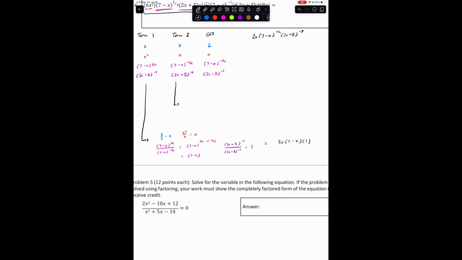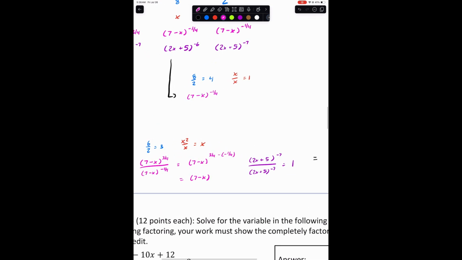same process. 8 divided by 2 equals 4. X divided by x gives me 1. 7 minus x to negative 1/4 over 7 minus x to negative 1/4 is just 1, right?